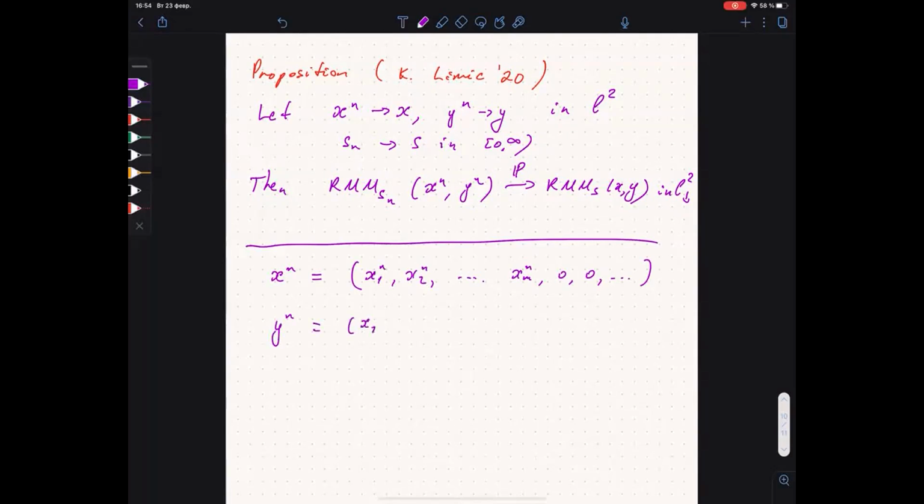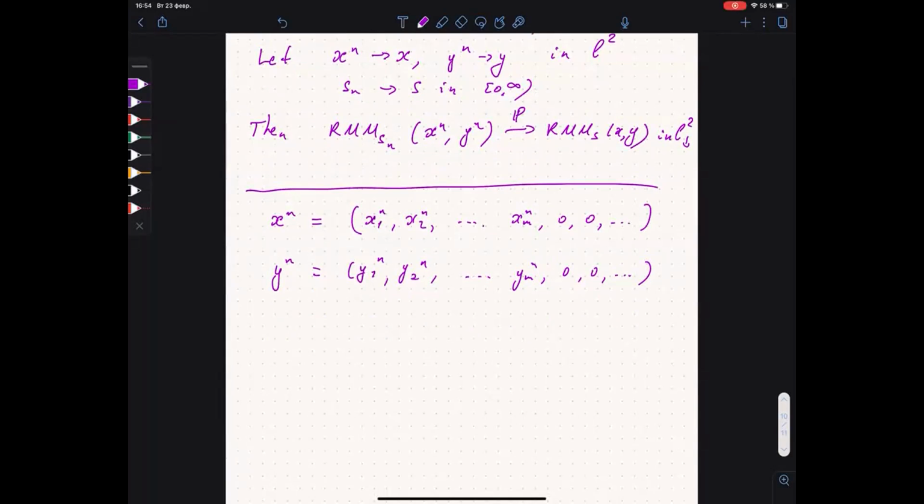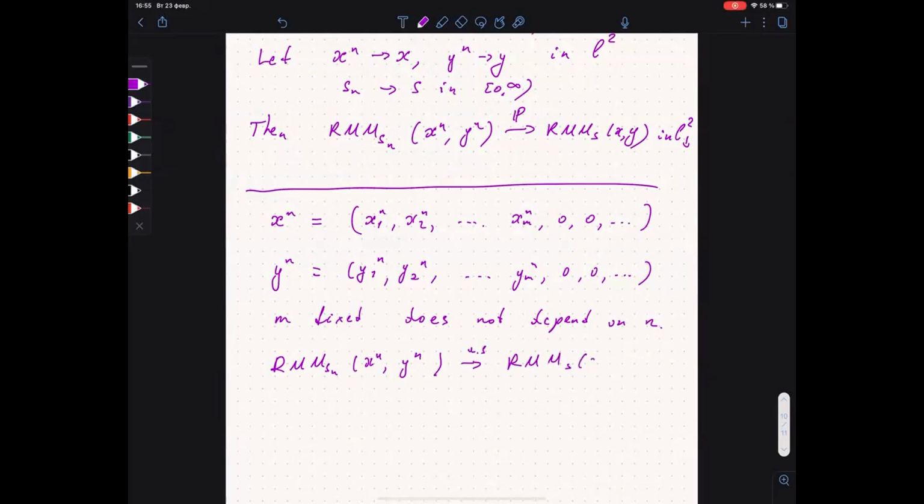When you have such vectors, the convergence is almost sure, because you have a finite number of edges. Then RMM_{s_n} of (x_n, y_n) converges almost surely to RMM_s of (x, y).